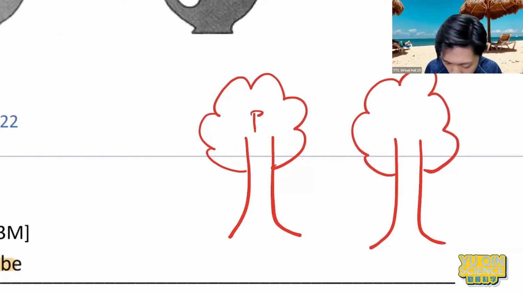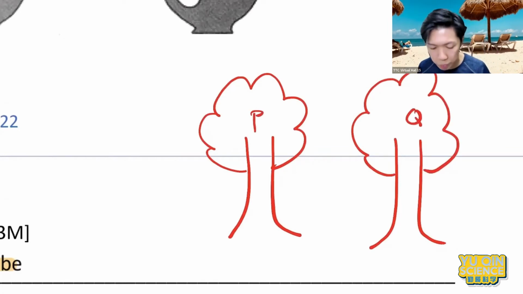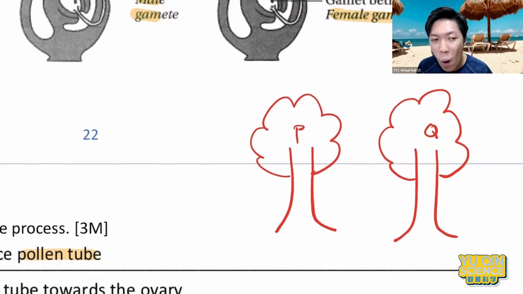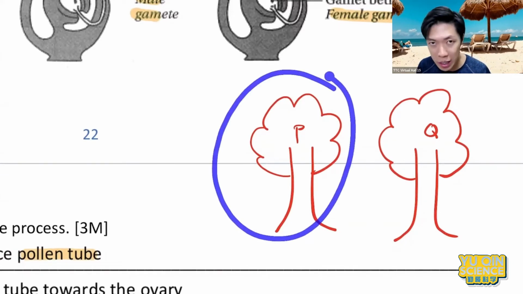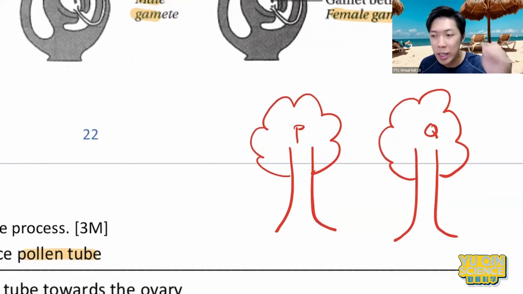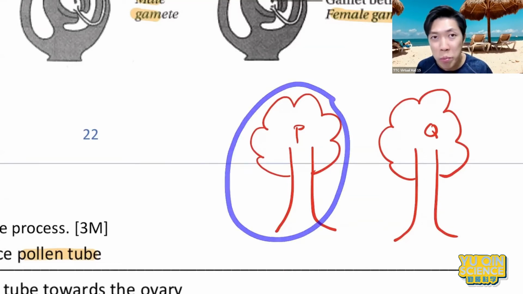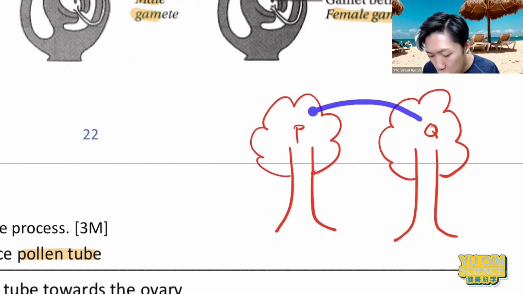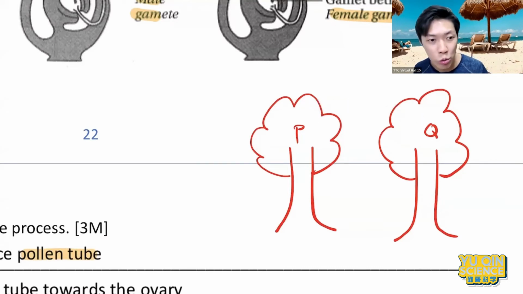This is durian tree P, this is durian tree Q. Now let me repeat the question. Encik Raza wants P to have the characteristics. In other words, he wants P to get pregnant, to have fruits. That means I want Q to come over. Does that make sense to you?